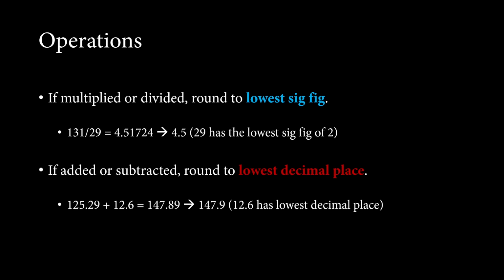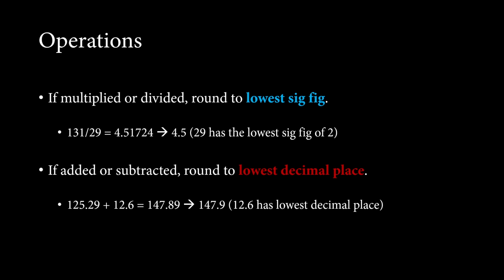Theoretically, that would make sense. But if you're doing real-life measurements, that is not really trustworthy. You can only really trust until the lowest significant figure. Because 29 has 2 significant figures, you have to write your final result in 2 significant figures. If you round that, it would be 4.5.